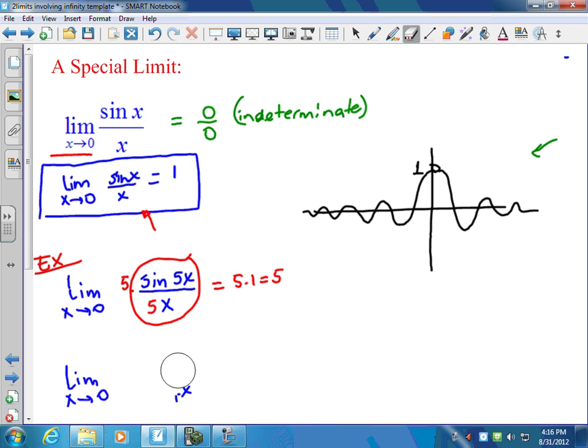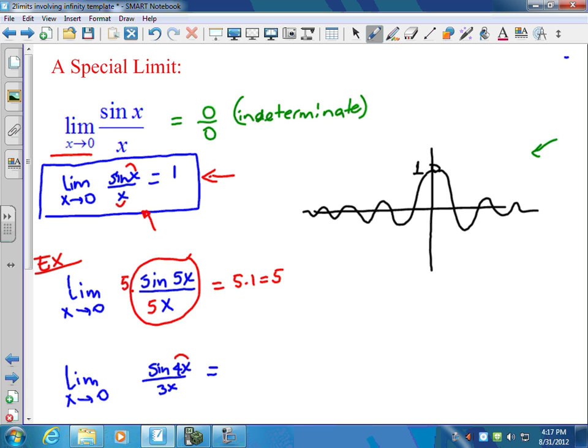Okay, the next example I want to do is the limit of sine of 4x over 3x as x goes to 0. So the idea is whatever you have up here, if you have sine of 4x, you want to end up with a 4x on the bottom, because as long as these two quantities are the same, and as long as that quantity ends up going to 0, you can make use of this general identity.